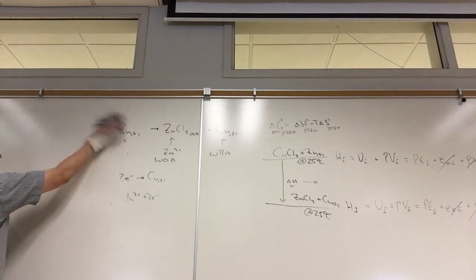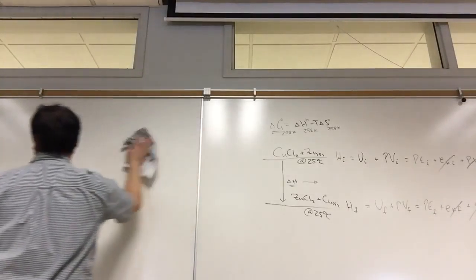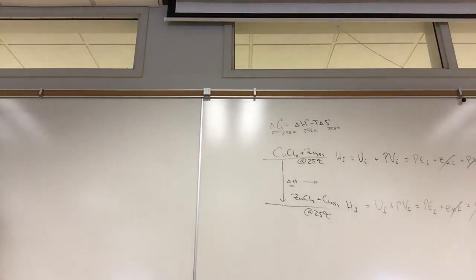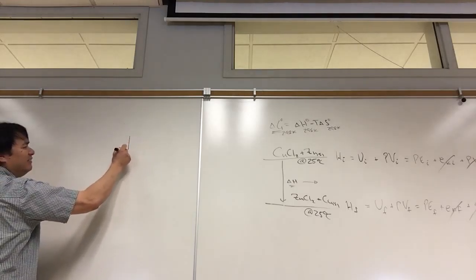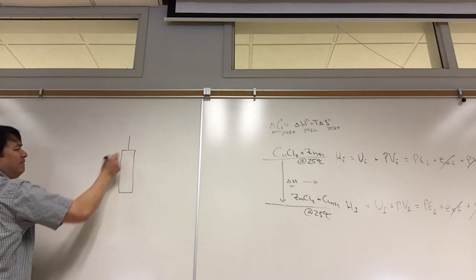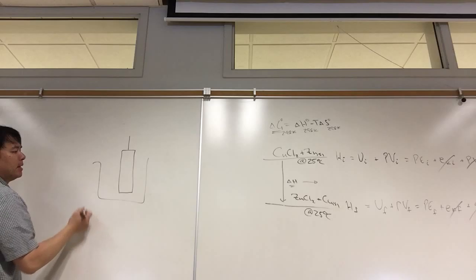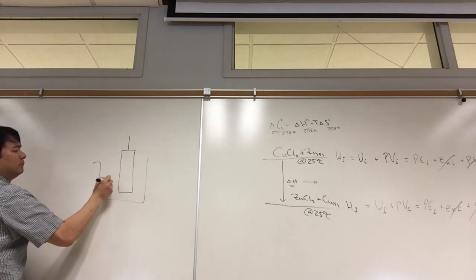And so let's take a look at this reaction here and see. Well, the first thing is we don't want the copper 2 to attack the zinc directly, so we have to separate them. And so we separate them into beakers, let's say, here. And so we'll put the copper 2 here.